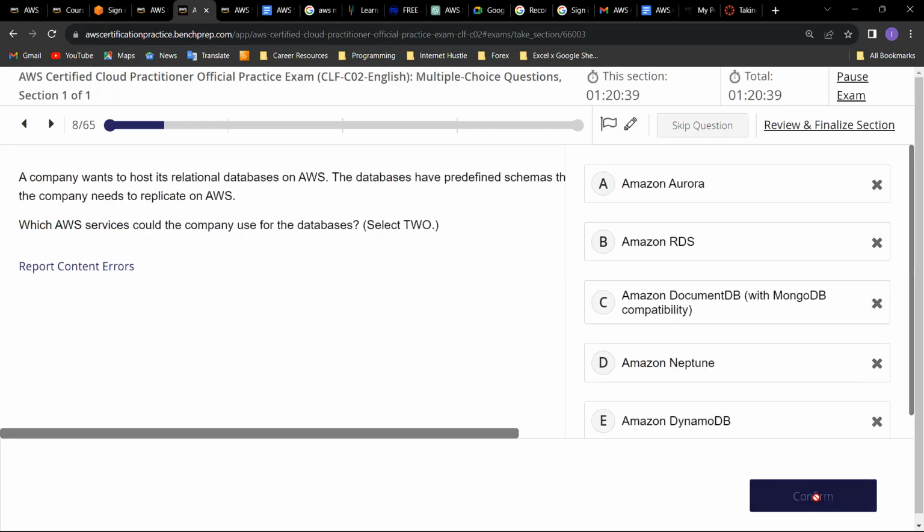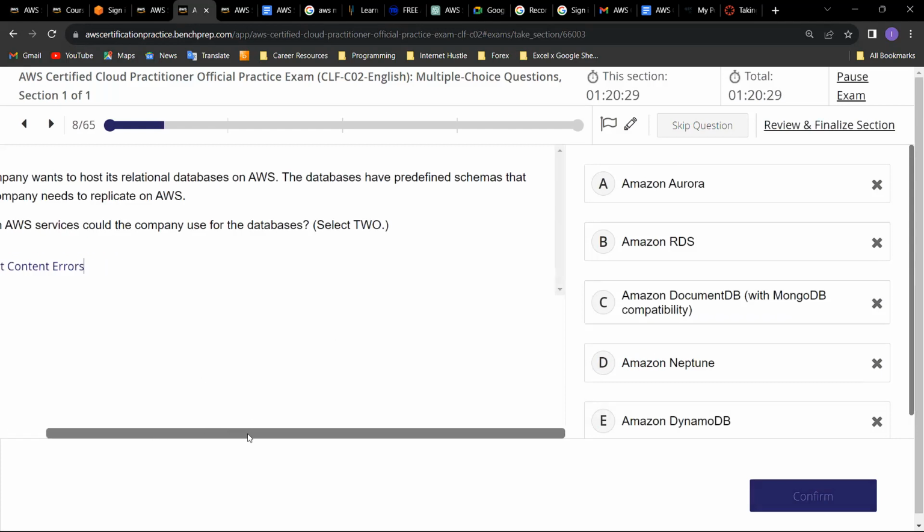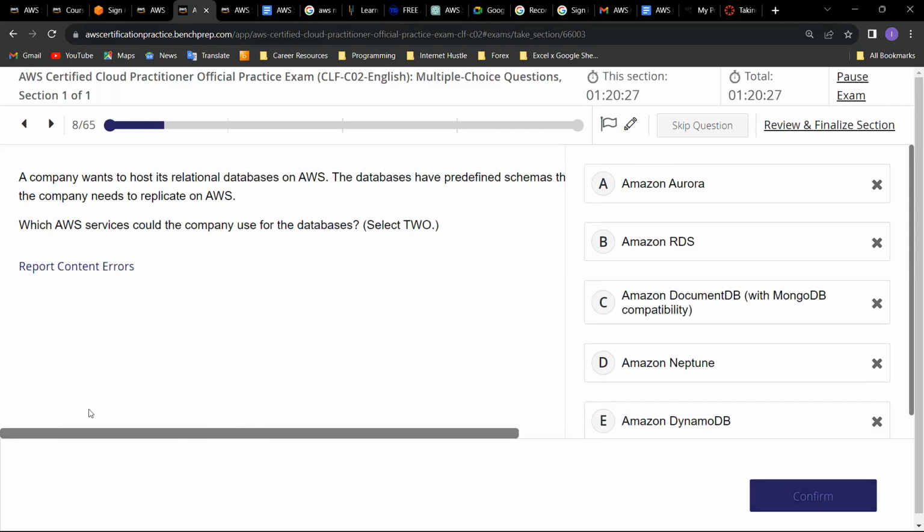Okay. A company wants to host its relational database on AWS. The databases have predefined schemas that the company needs to replicate on AWS. Which AWS service could the company use for the databases? We are selecting 2.